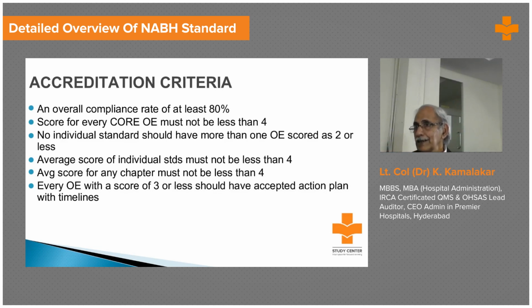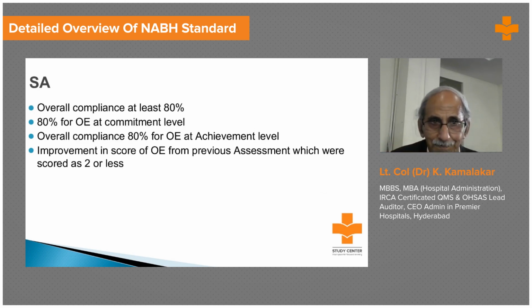How much time they are going to take for improving it and how they are going to improve it, they have to write down and give it. And when the SR comes for the next assessment, he will review it, and the score should have become 3 or more than 3. Now, this is SAI surveillance assessment.